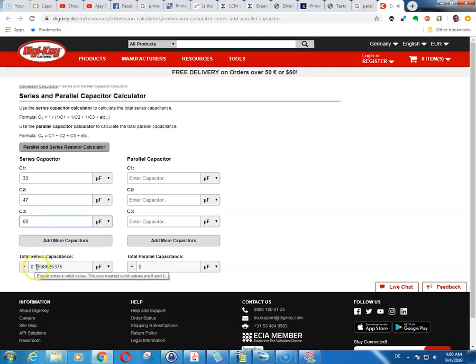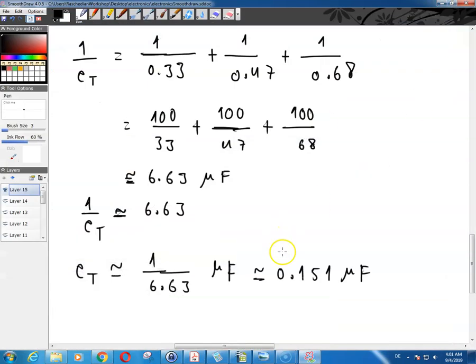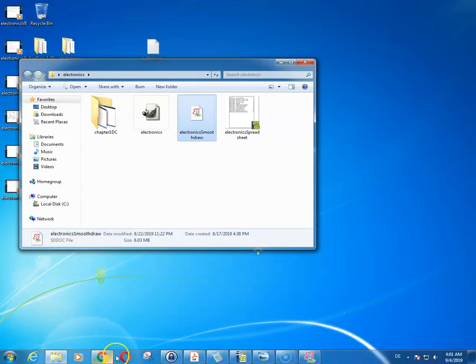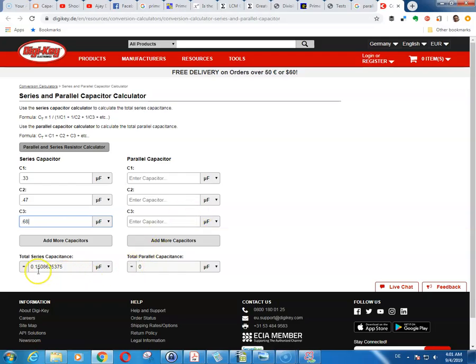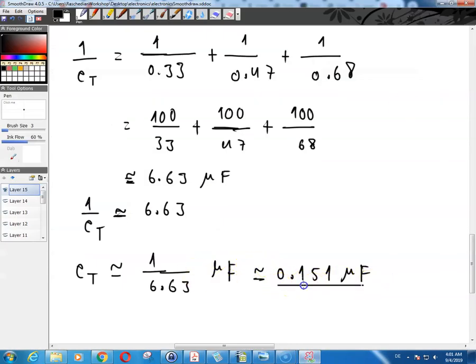That gives you 0.151 in microfarads, which is exactly what we got over here. So that's basically that. So that's all about capacitors.